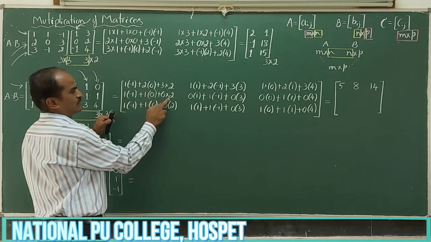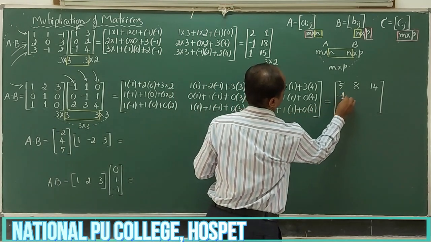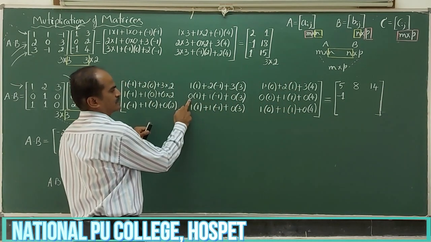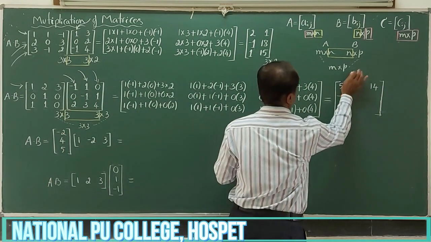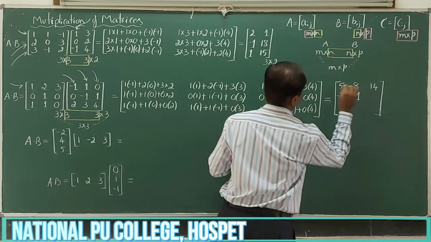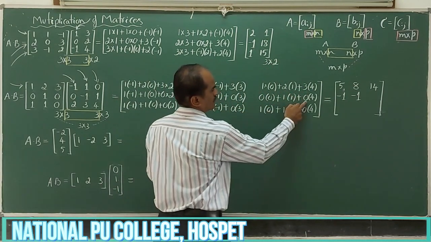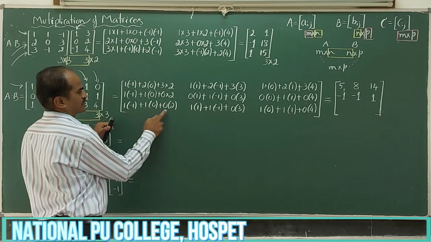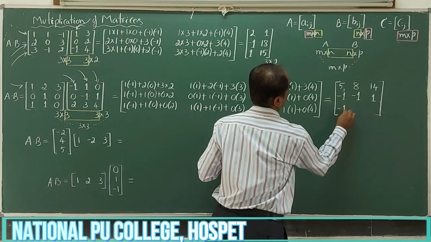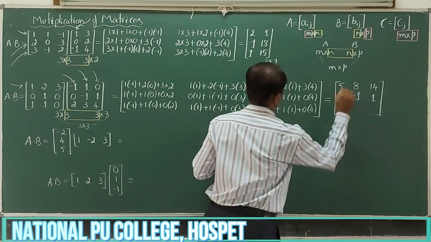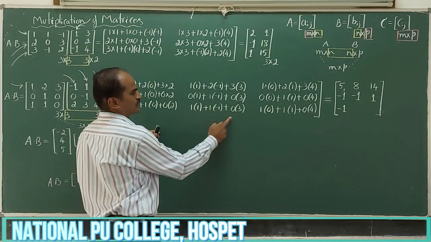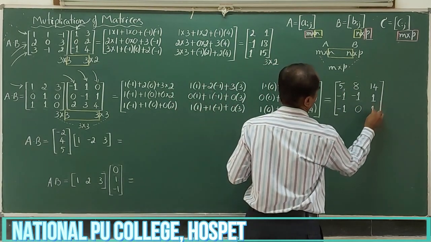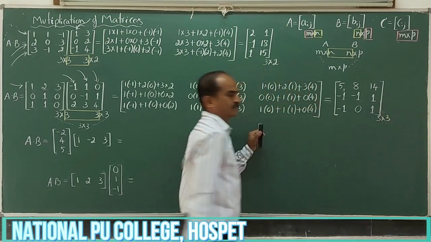Minus 1, 0, 0, minus 1. 0, minus 1, 0, minus 1. 0, 1, 0, 1. Minus 1 plus 0 plus 0, minus 1. 1 minus 1, 0, 0 plus 0, 0. 0 plus 1 plus 0, 1. So this is a 3 by 3 matrix.